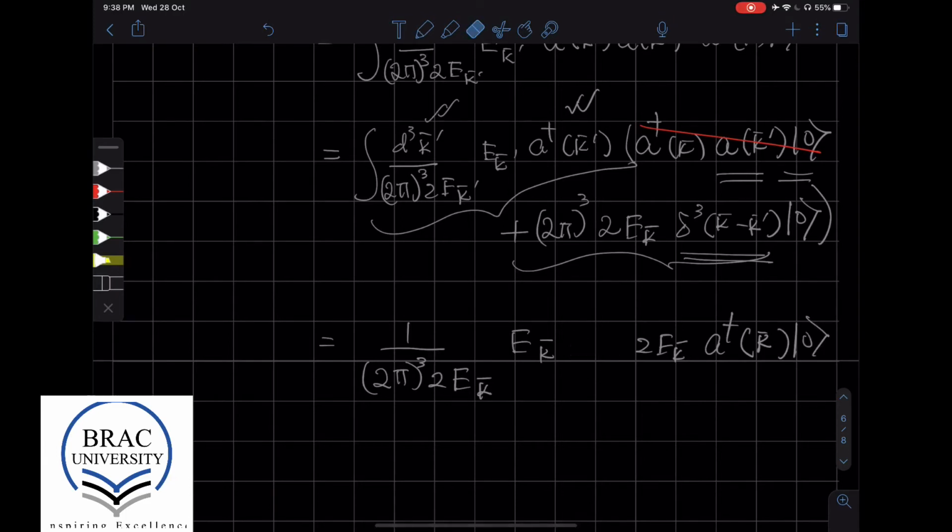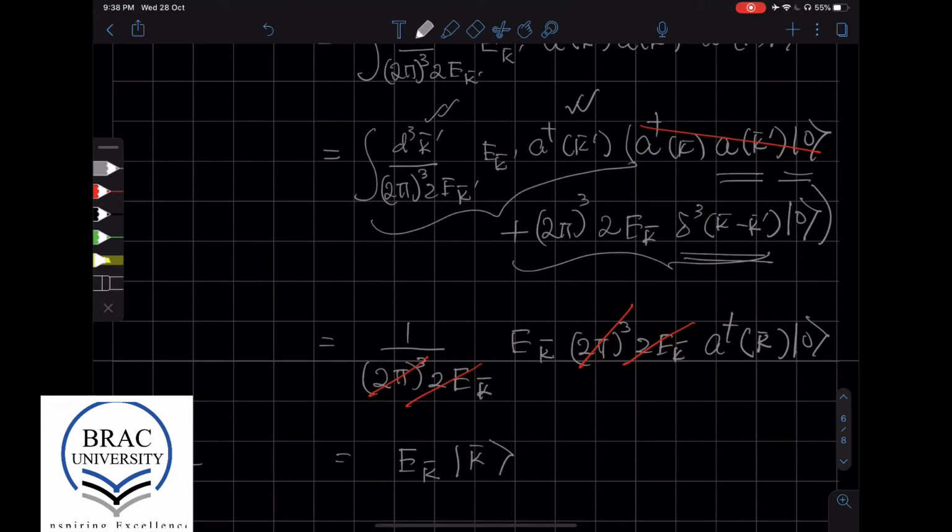Now this (2 pi) cubed cancels with this (2 pi) cubed, and this 2 E_k cancels with this 2 E_k. Therefore what we have is E_k times the state |k>.